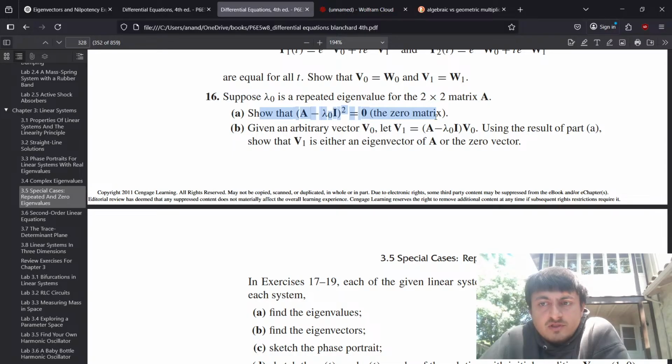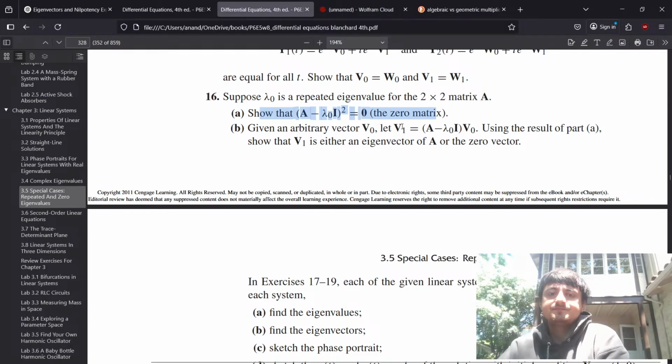Using the result of part A, show that v1 is either an eigenvector or the 0 vector. Okay, so let's do it.